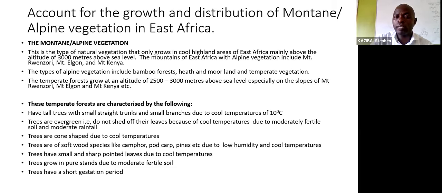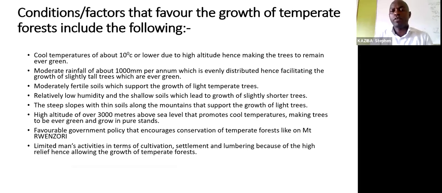When you're done with those characteristics, you give the factors for that particular vegetation type. So cool temperatures of about 10 degrees Celsius due to high altitude, making the trees remain evergreen. So integrate the characteristics at the end of every factor. So after the cool temperatures, account for evergreen tree species.